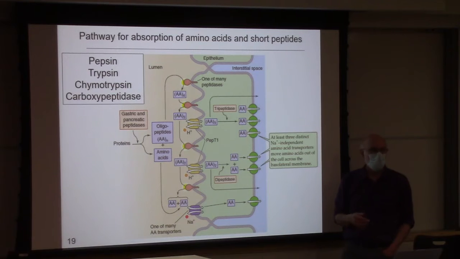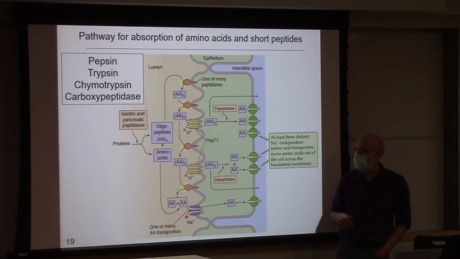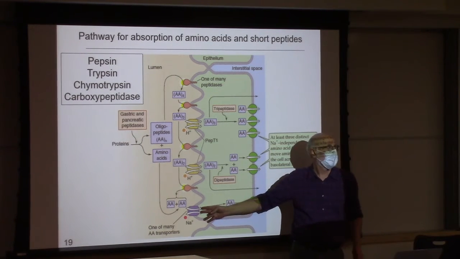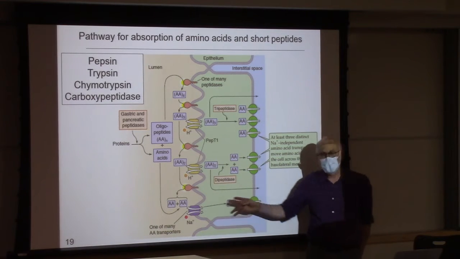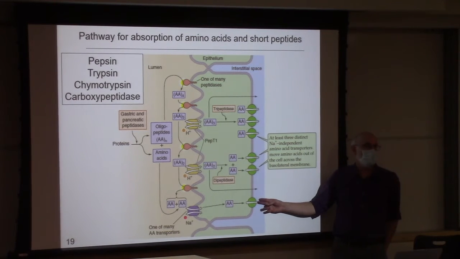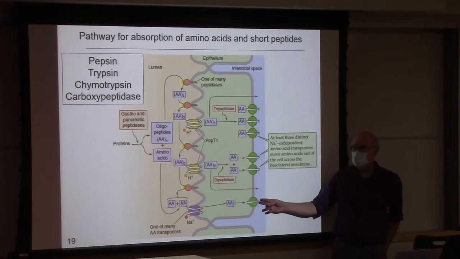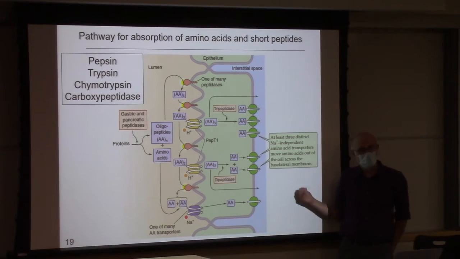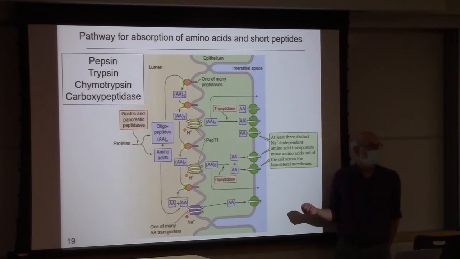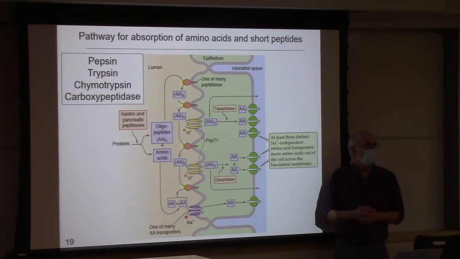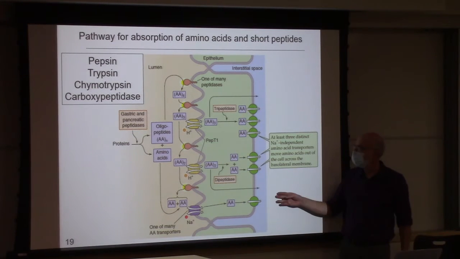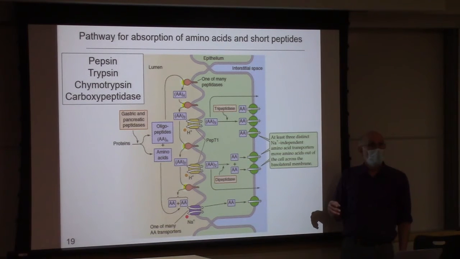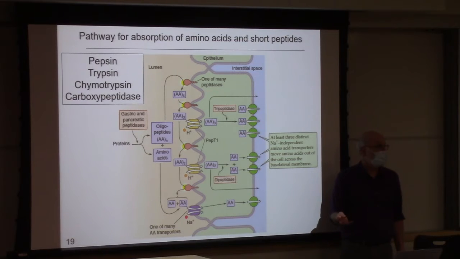So this looks a lot like glucose and galactose, except that it's a sodium-driven amino acid transporter and an amino acid uniporter. Into the lamina propria, picked up by the capillaries of the intestine. That's the story I want you to know.